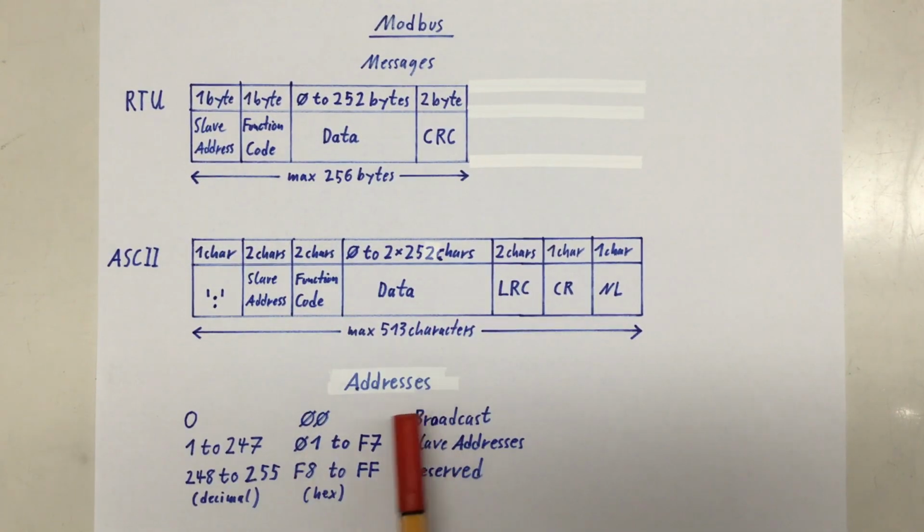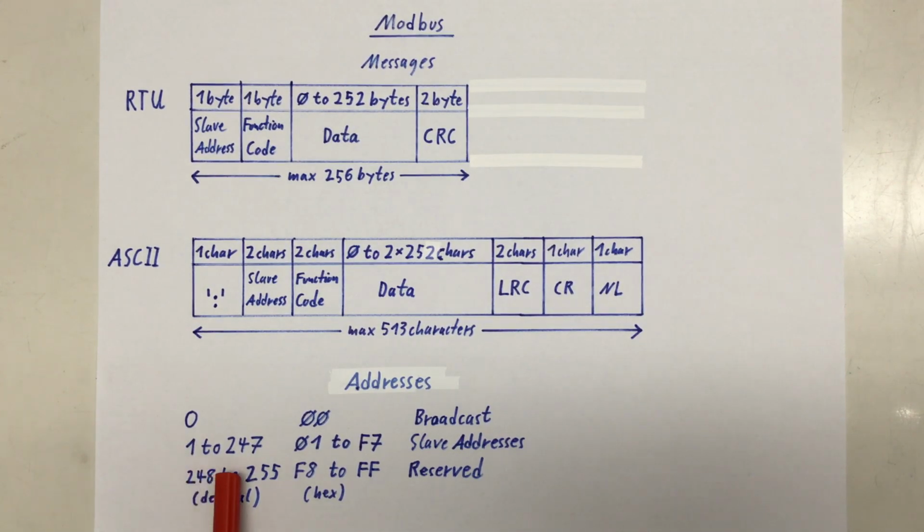The addresses used in the messages are organized as follows. Decimal 0, respectively hexadecimal 00, is the broadcast address. It is used by the master to send a message out to all slaves, and the slaves do not respond to a broadcast message.